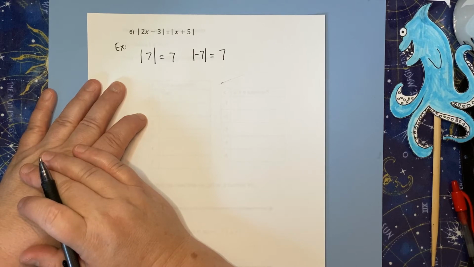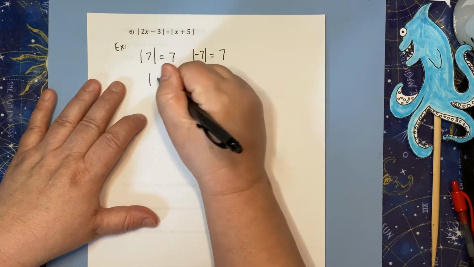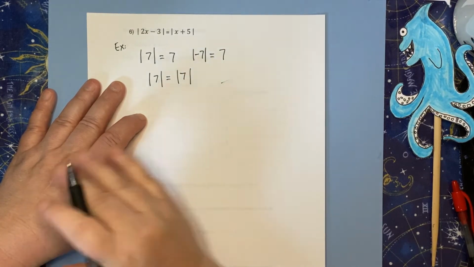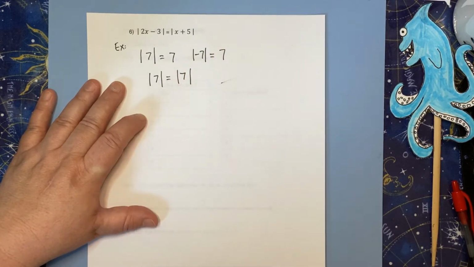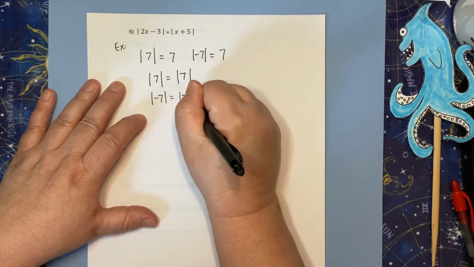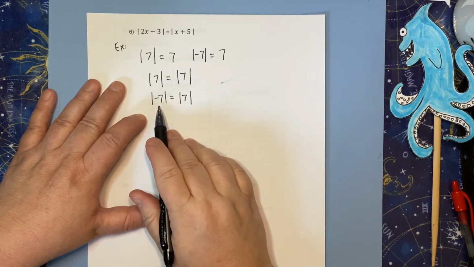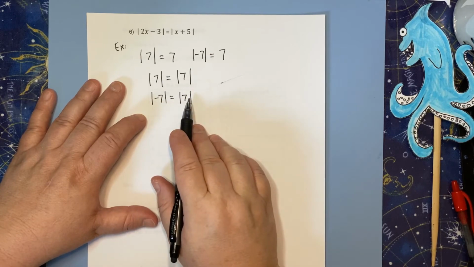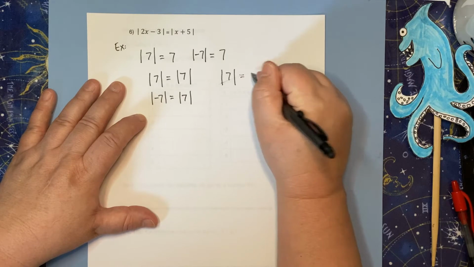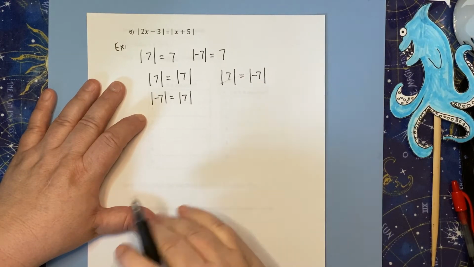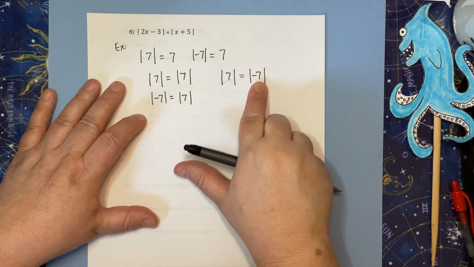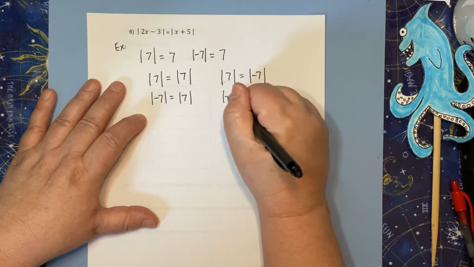What are the possibilities? If I have two absolute values, I could have them both being positive. I could have the first one be negative and the second one be positive: absolute value of -7 equals the absolute value of 7. Yes, it does. I could have the first one be positive and the second one negative, and I could have them both be negative.